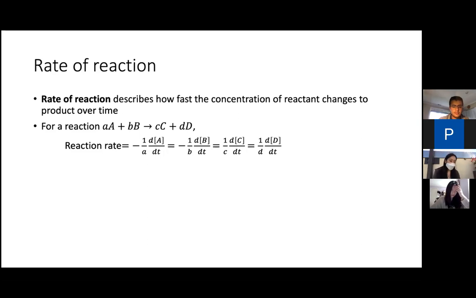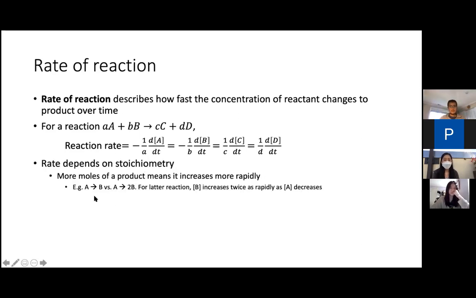So each expression, each derivative, is also divided by the stoichiometric coefficient. And this is because the stoichiometry of the reaction affects the reaction rate.